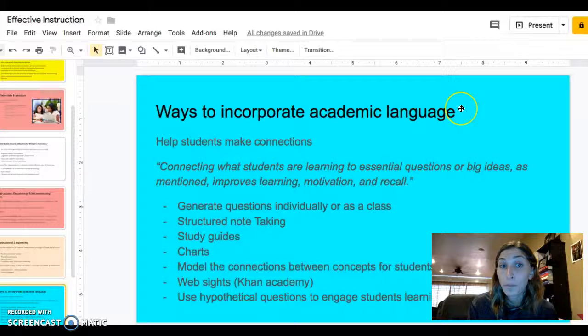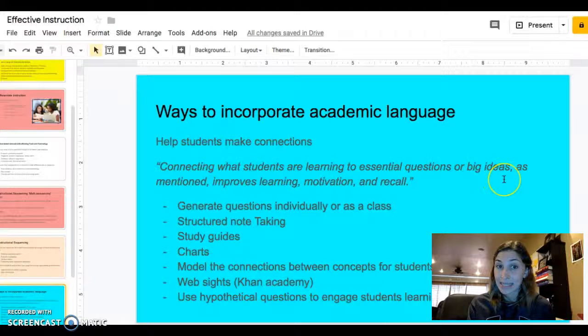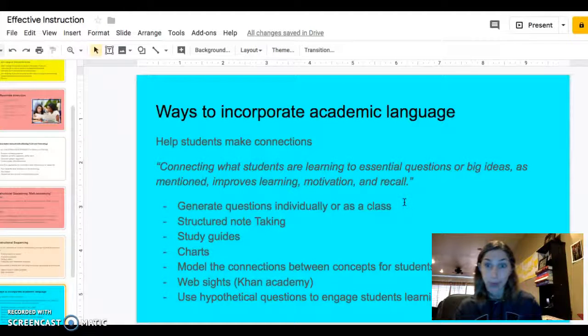Now, how are we going to incorporate academic language? So you want to help students make connections. Connecting what students are learning to essential questions or big ideas, as mentioned, improves learning motivation and recall. So a way to promote academic language is maybe generating questions individually or as a class and having students respond to them. Maybe through structured note-taking, showing new words, promoting new words or academic vocabulary.